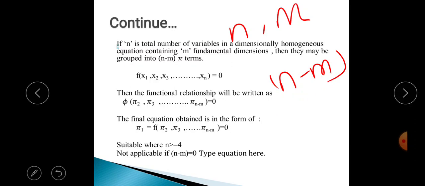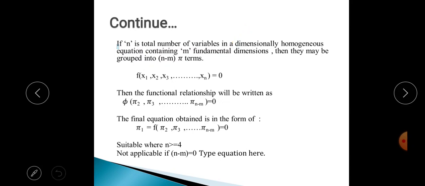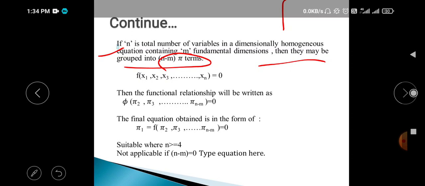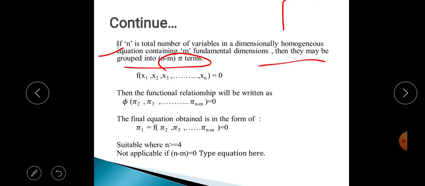So what is written over here? If n is the total number of variables in a dimensionally homogeneous equation containing m fundamental dimensions, then they may be grouped in n minus m pi terms, as I told earlier also. We can write it as a function phi f(x1, x2, x3, ..., xn) is equal to 0.